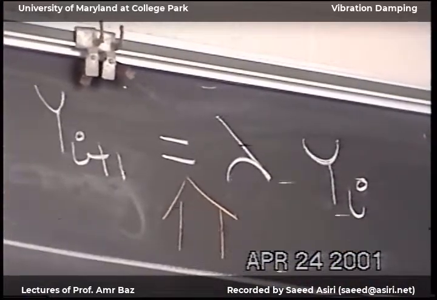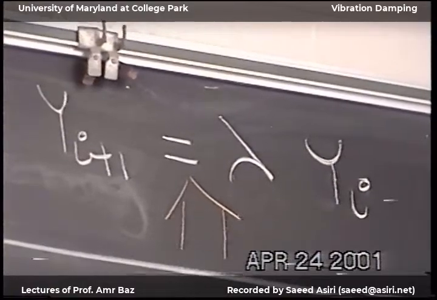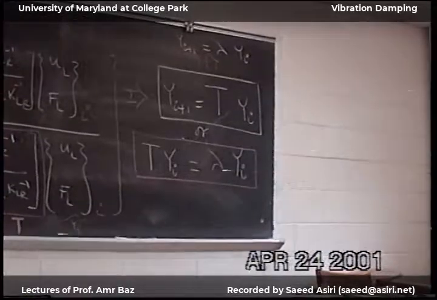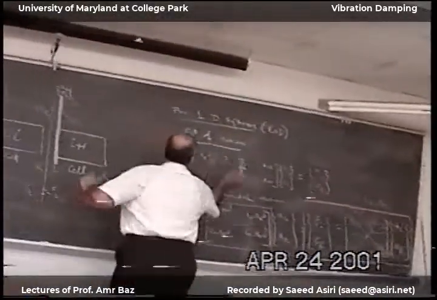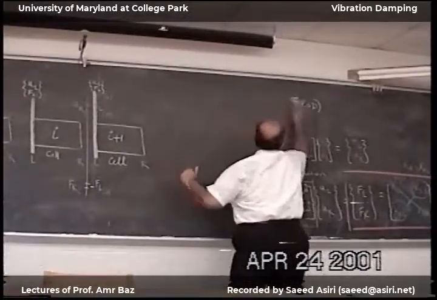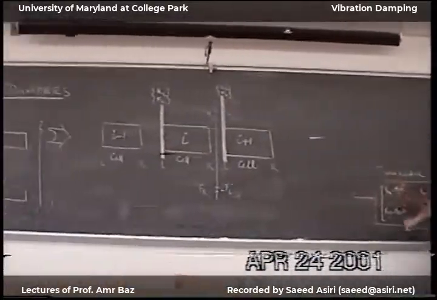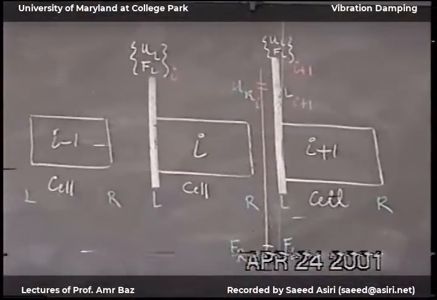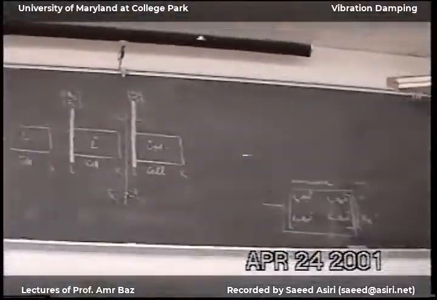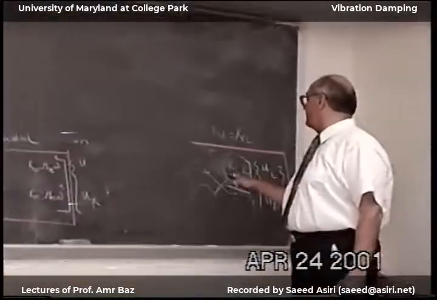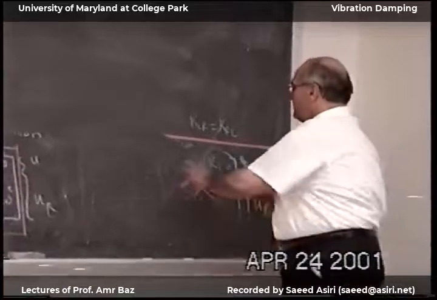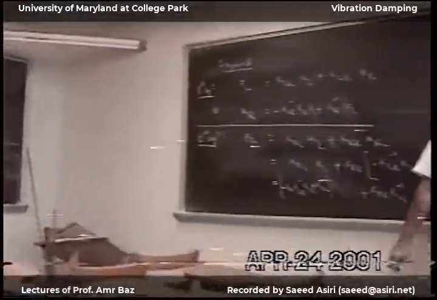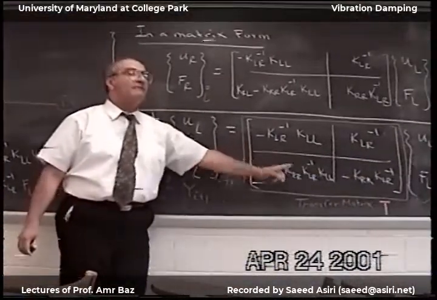Now, before we do this, well, the matrix, this dynamic stiffness matrix, as you name them, KLL, KLR, KRL, KRR, you take it from the finite element description and you cast it in this form. So once we have this, then we get the matrix T.